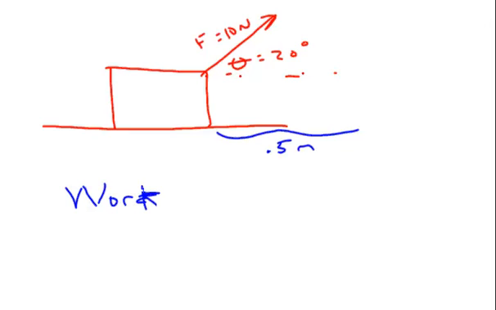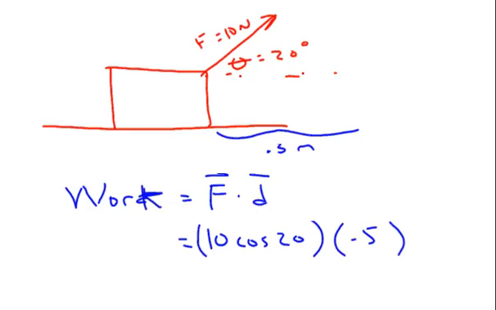Well, the work done on it equals F dot d. And using one of our equations for work, we get that that would be 10 cos 20 times 0.5. Using the vector calculations for work, what we could have done is separate this into unit vectors.